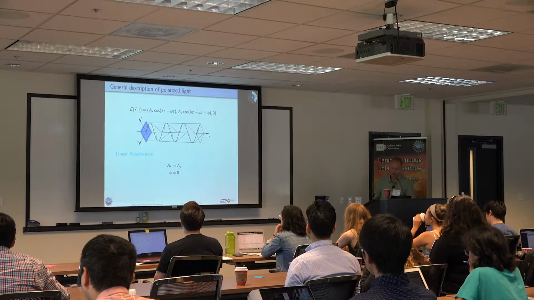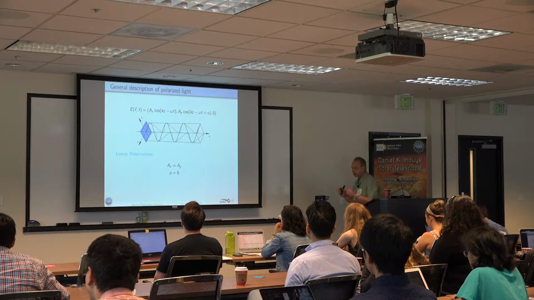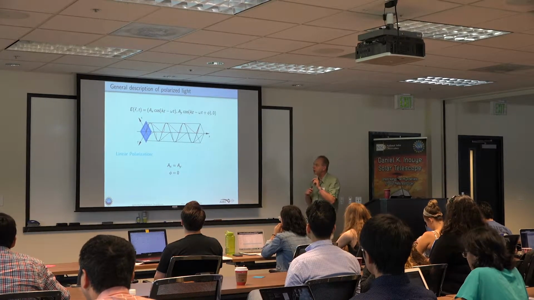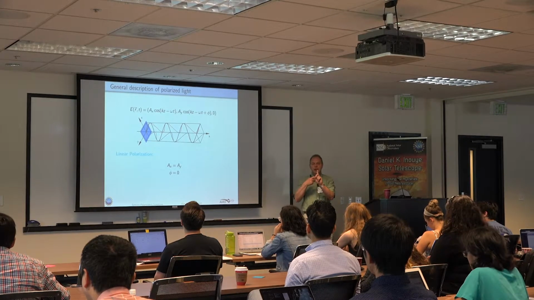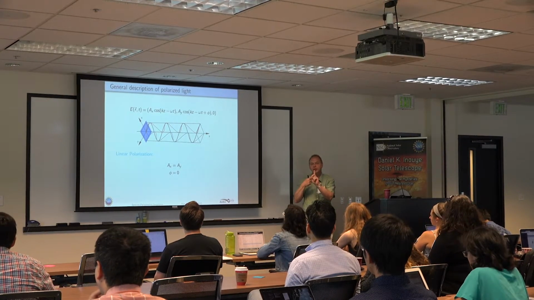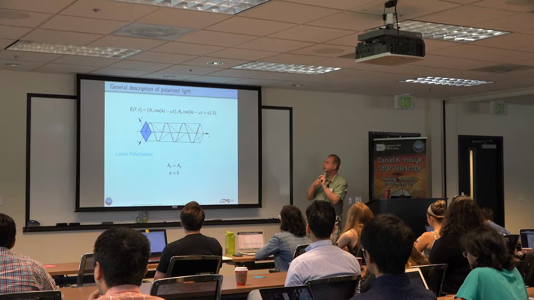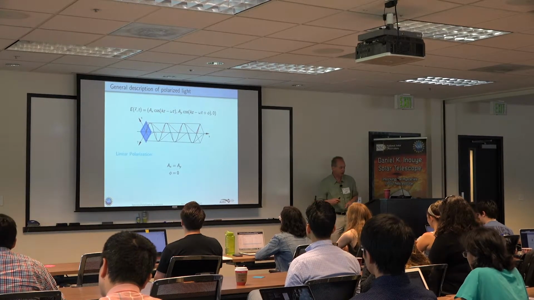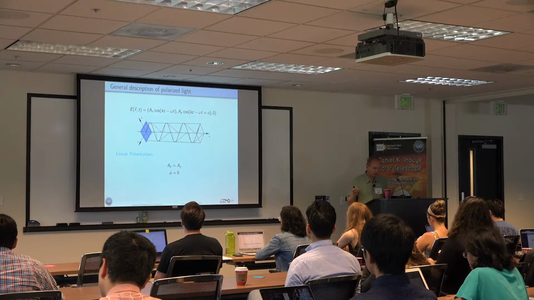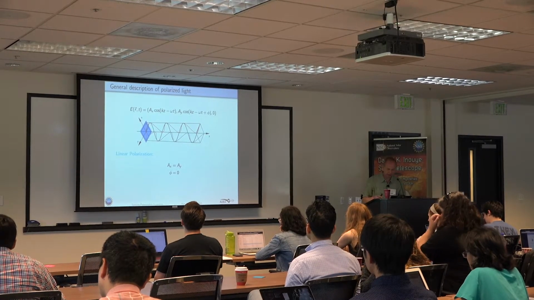If you have a phase difference or an amplitude difference between the two directions of the electric field, the oscillations of the electromagnetic field in that plane perpendicular to the direction of propagation, you can have polarization, which is measurable with the devices that we built, as Ivan showed you yesterday.